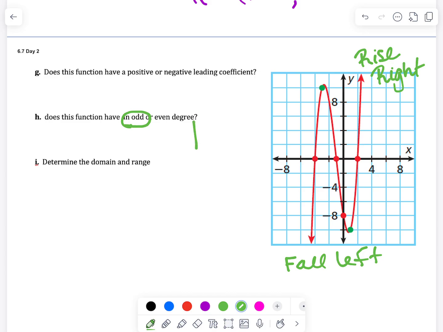We're rising on the right and we're falling on the left. And then the leading coefficient is going to be positive because it's rising on the right and it's falling on the left. And then we already did our domain and range, so negative infinity to infinity for both.